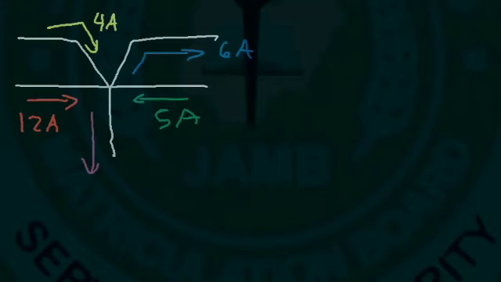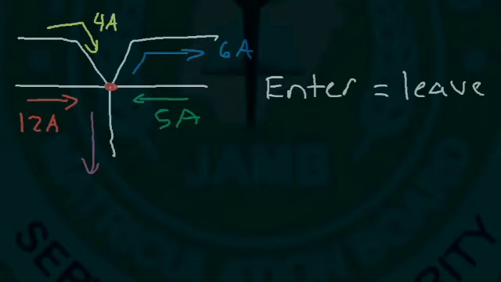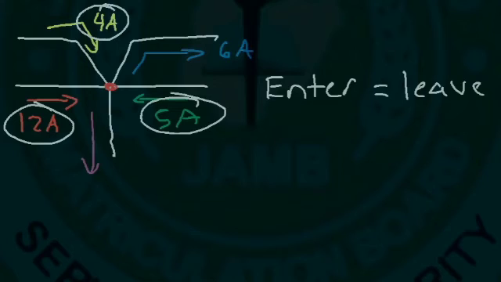So the current that enters or moves towards the center, particularly this point, is equal to the current that leaves the point. So which currents are going towards the point? The 12 amp current is going towards it, the 4 amps enters the point, and the 5 amps as well. So on the left side we have 12 plus 4 plus 5. Now what's the current that leaves the point?